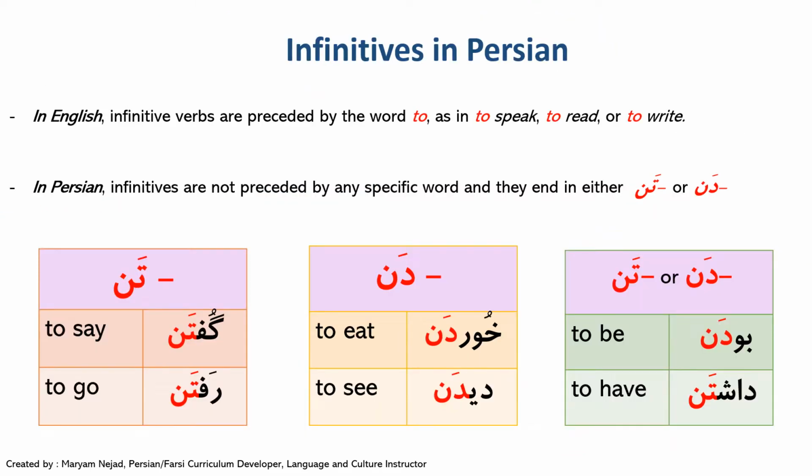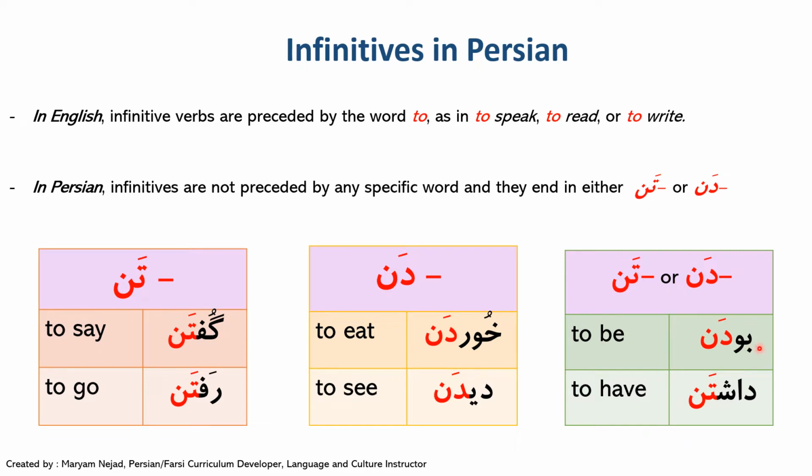Now that we are learning about the structure of simple verbs, let's also go over the infinitives in Persian. So in English, infinitive verbs are preceded by the word to, for example, to speak, to read, to write, but in Persian, they are not preceded by any specific word. And then infinitives in Persian end in either dan or tan. So when you see the ending dan or tan, that will give you a clue that you are looking at a verb in its infinitive form.